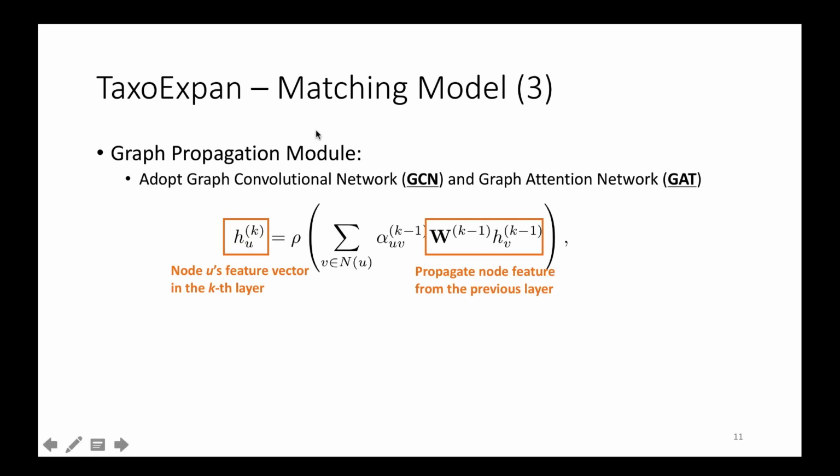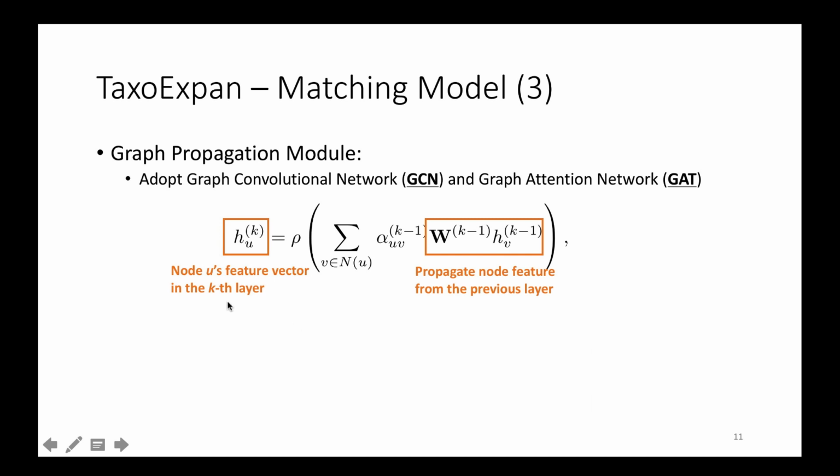First is the graph propagation module. In the graph propagation module, we adopt two standard graph neural network architectures, namely the graph convolution network (GCN) and the graph attention network (GAT). Both architectures share the same core propagation mechanism.